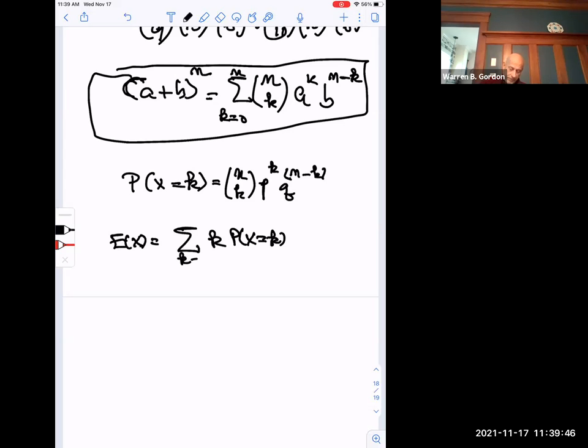You'd have to sum this up, and ultimately this would give you an answer. That would be a lot of work. So what we'd like to do is do this a couple of different ways. So our aim is the following: the mean and variance of the binomial.